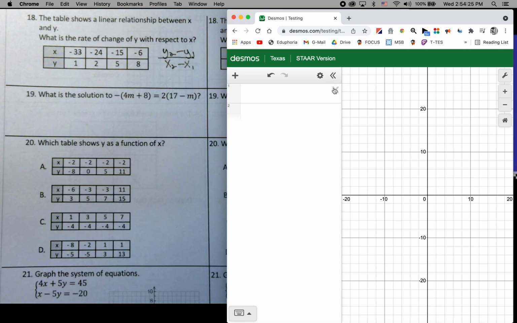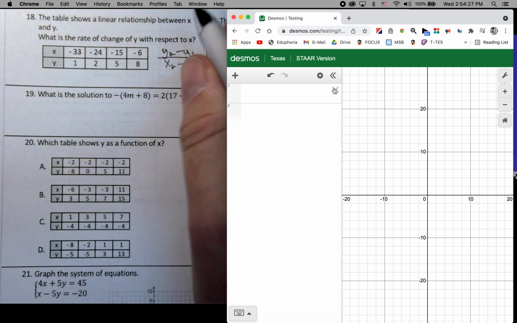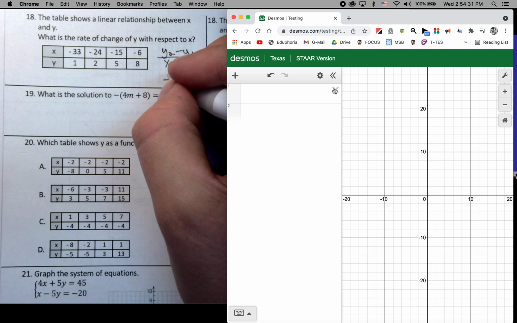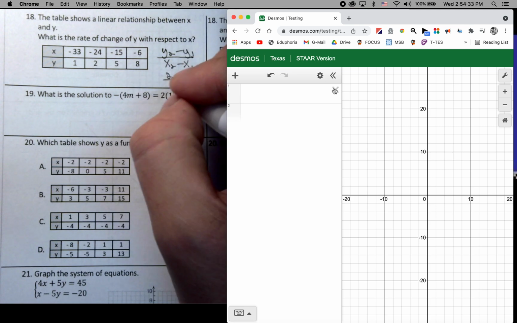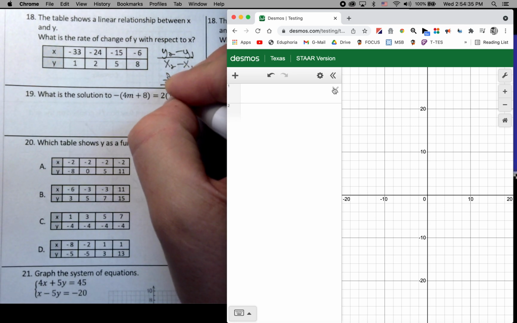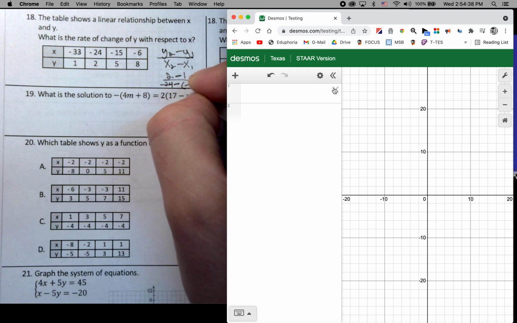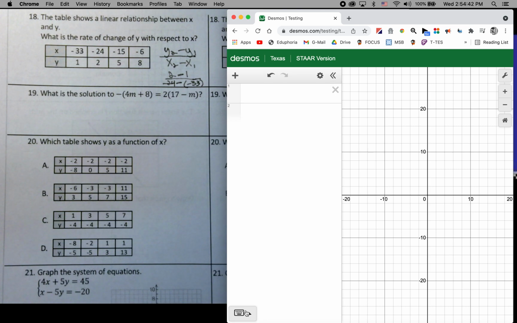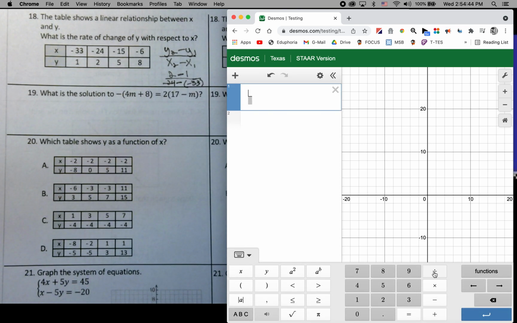So what I'm going to do is I'm just going to use the old slope formula then. Okay? So I'm going to do y2, 2 minus 1, divided by negative 24 minus negative 33. Notice I put that second negative value in a parenthesis, and then I could just type that in. So I'm going to hit divide.